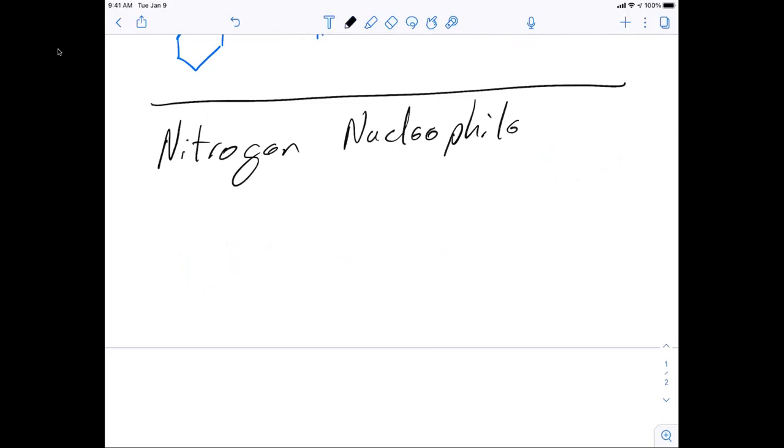We're just changing what type of nucleophiles we're looking at. The first type of nucleophile is going to be just a primary amine. And again, a trace of acid just to get the reaction going.